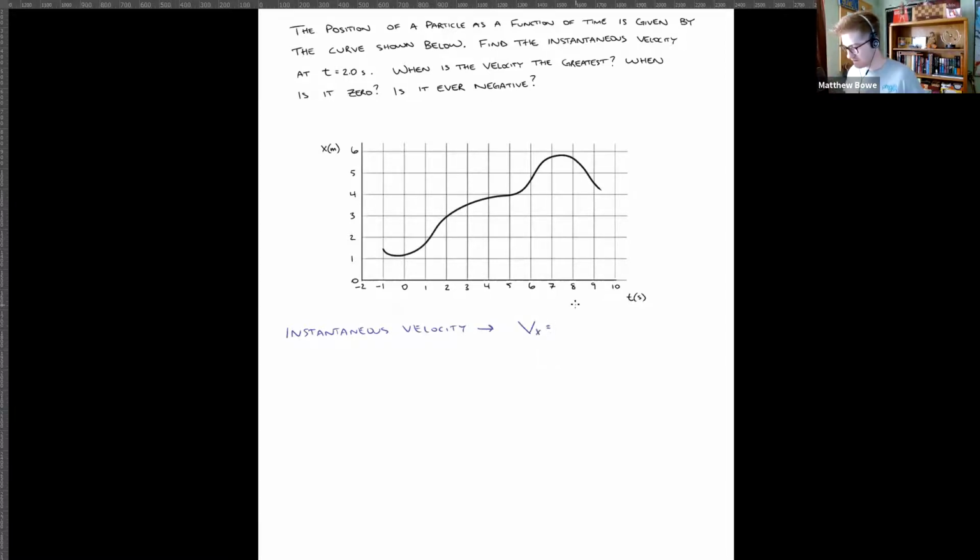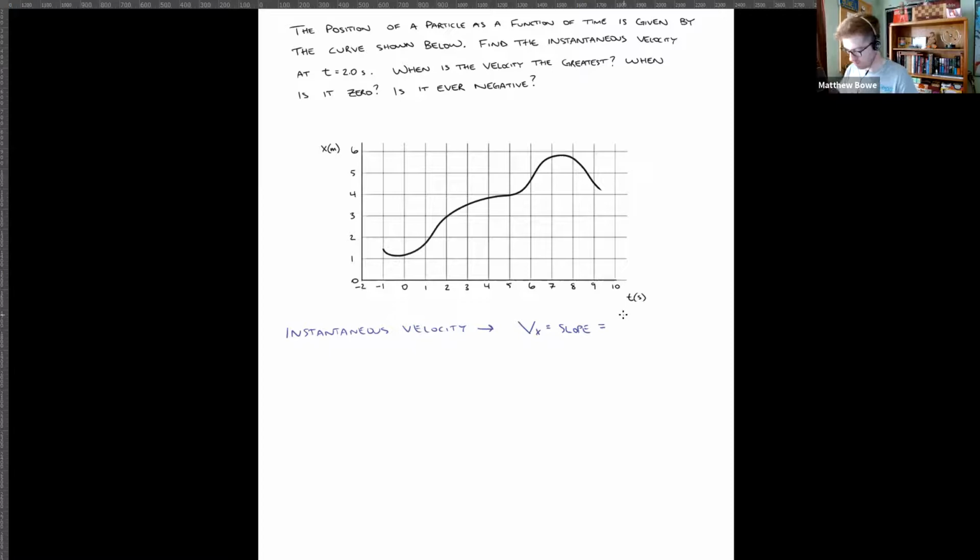And we know that this is equal to the slope of a line on a position versus time graph. And how do we find the slope of something on a graph?